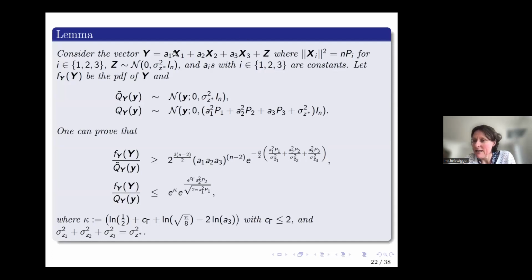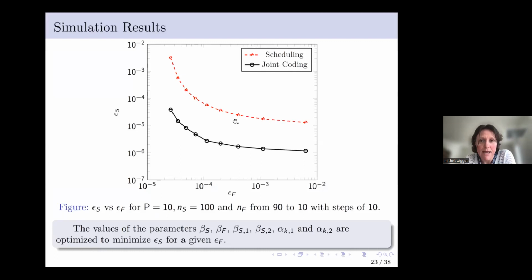So we have the sum of a Gaussian plus things on spheres. We wanted to know how far they are from a Gaussian distribution. So this is the Gaussian, and this is the true distribution. And I think Qy should be Fy, and she bounded this thing, because this is necessary to obtain good finite block length bounds. And then we obtained the following simulation results.